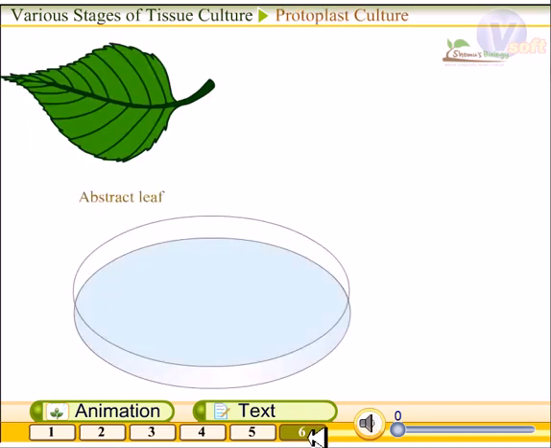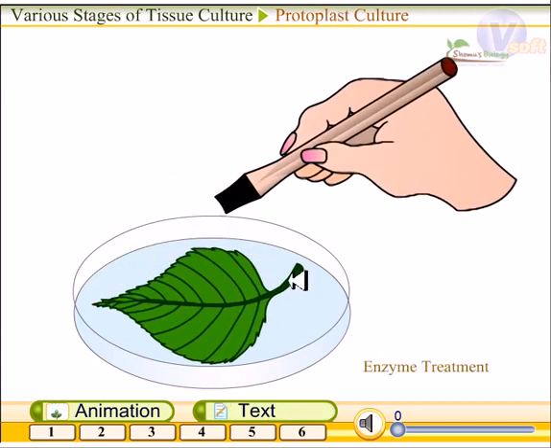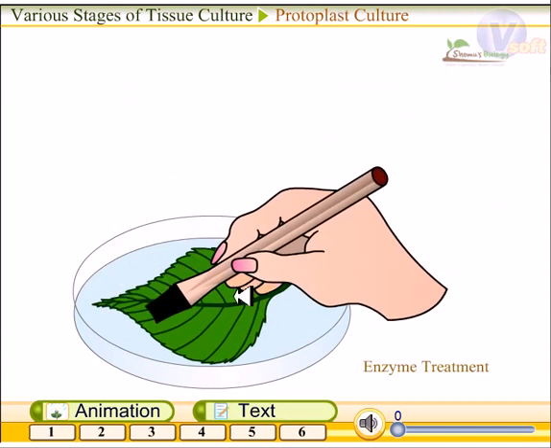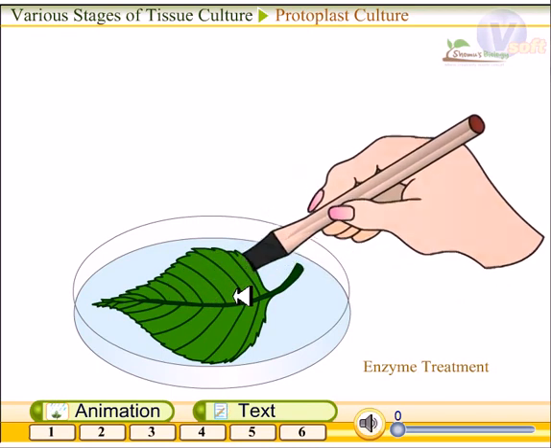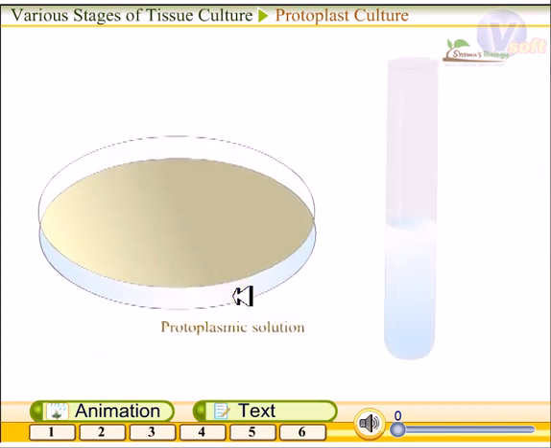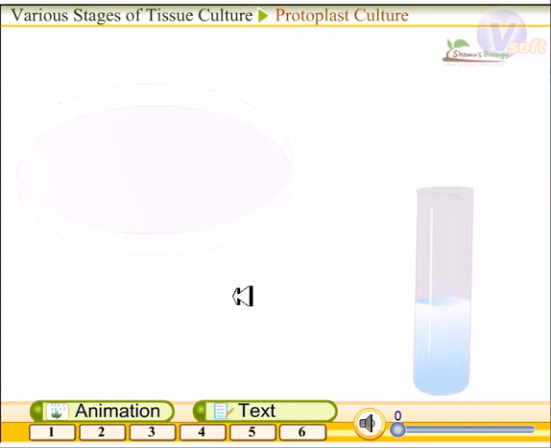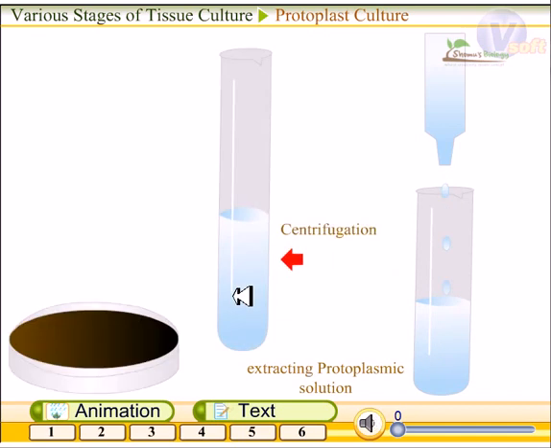And finally we will be talking about the protoplast culture. As the name suggests, we will be taking a small part from this leaf, and first we make the sterilizing treatment, and then the protoplasmic solution will be made by adding all these leaf sections, and we extract the solution and we centrifuge it.